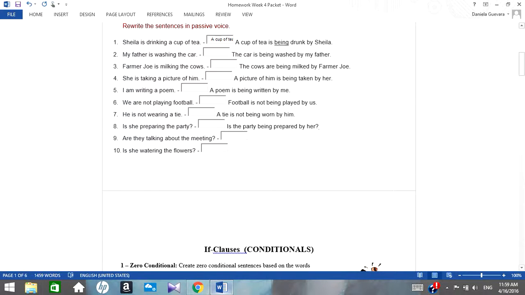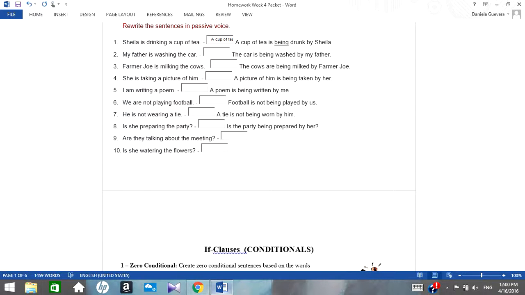So, right, the questions are a little bit trickier, but just look at this. I still have the party as my object, right? Because it's coming after the verb. So that's gonna go here, the party. And the only thing that you have to do is remember the is goes in the beginning, and then the rest of the sentence is just like a regular passive sentence.